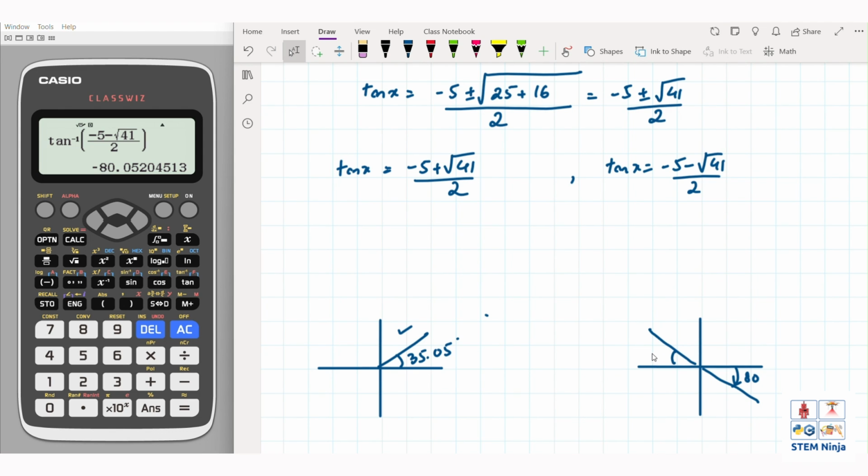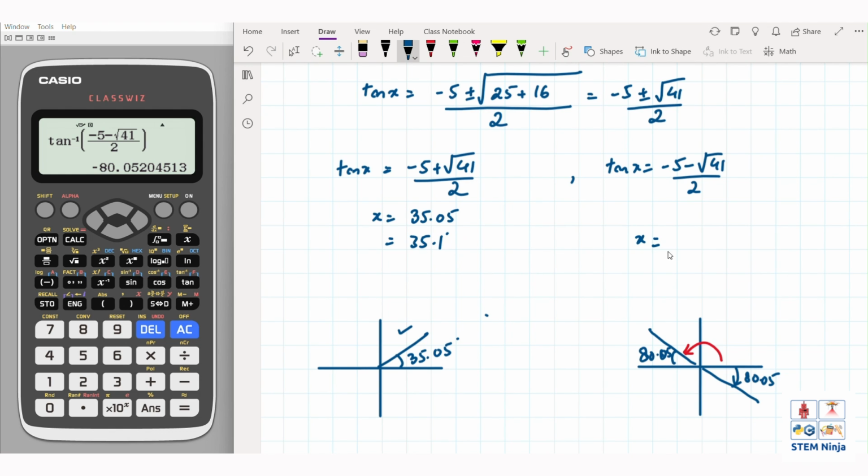So this is also 80.05, 80.05. So the angle that we would have is 180 minus this. Now, the final angles that we have are x is equal to 35.05 or just 35.1 degrees.